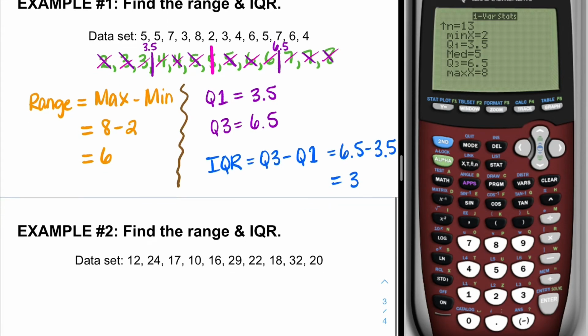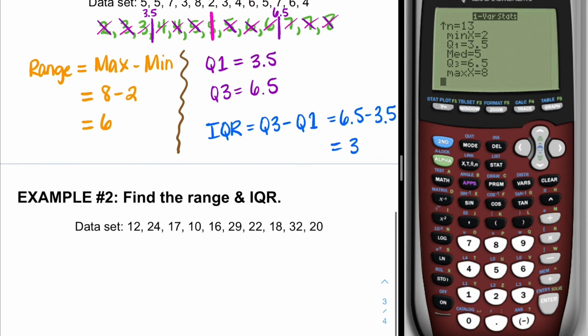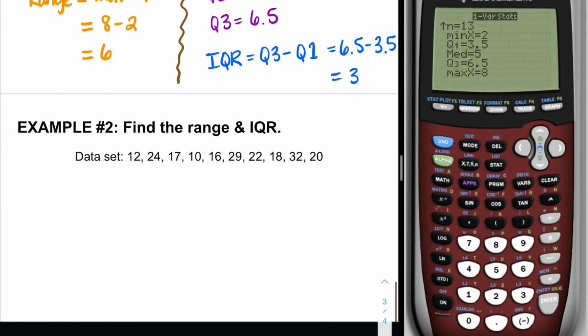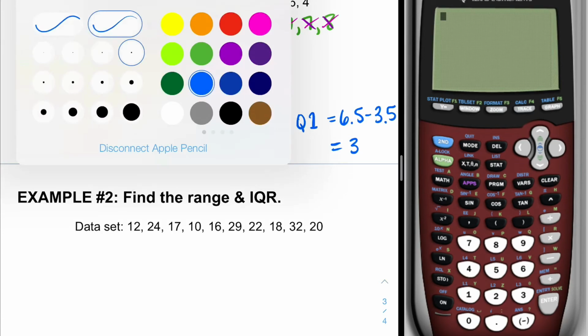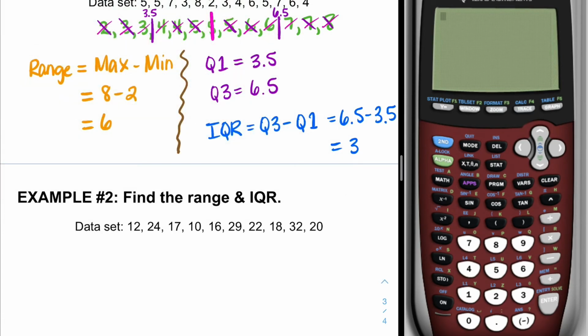Okay? So now let's do our last example of this. So we have a data set. Of course we want to arrange it from least to greatest.